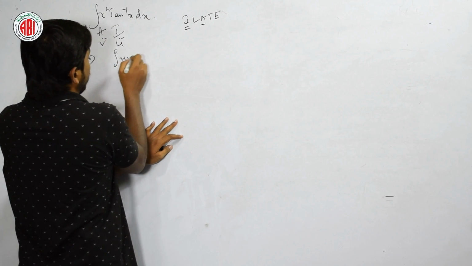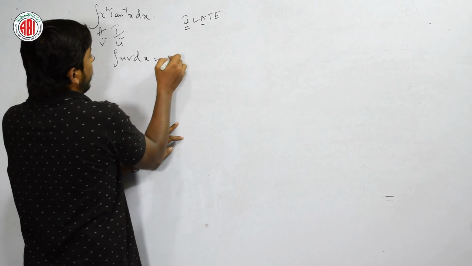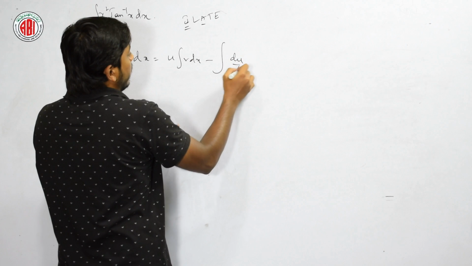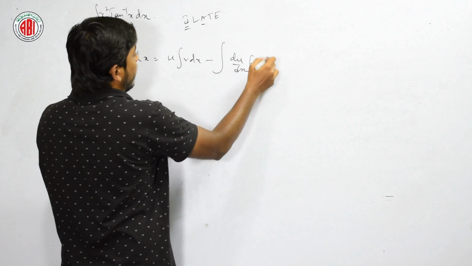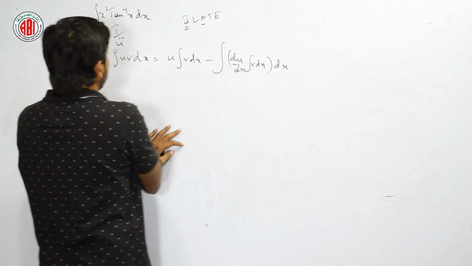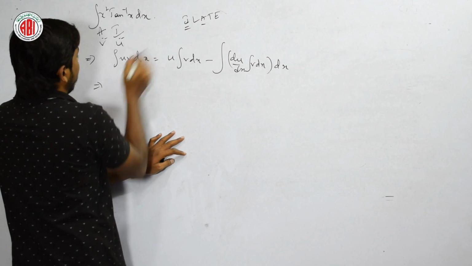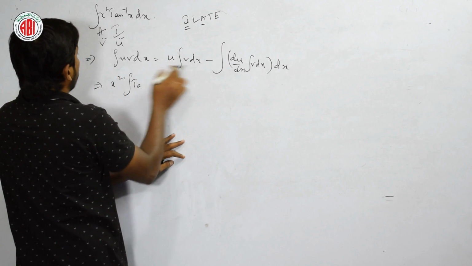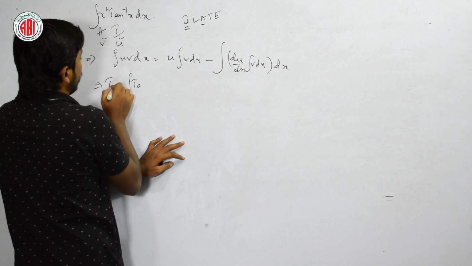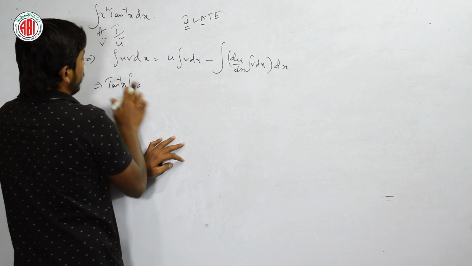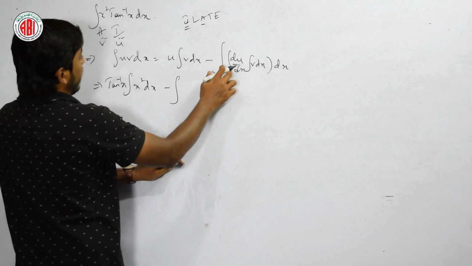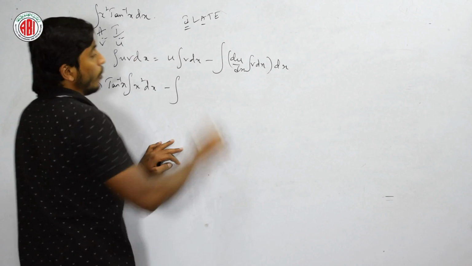So let us write the uv formula: u integral v dx minus integral of du by dx times integral v dx, whole dx. So in the formula, u is tan inverse x, integral of x square dx, minus integral of the differentiation of u.